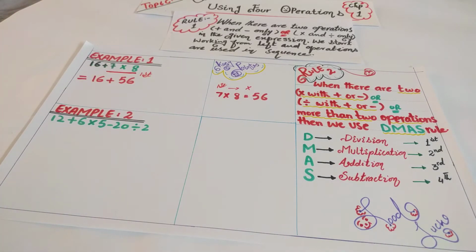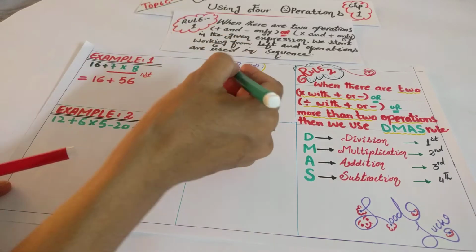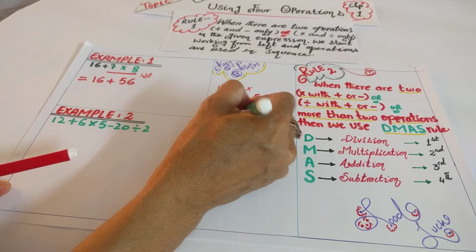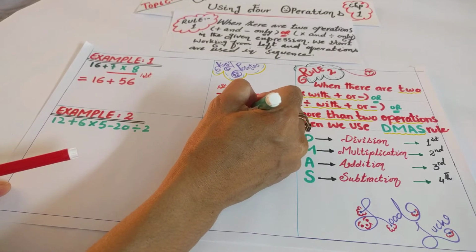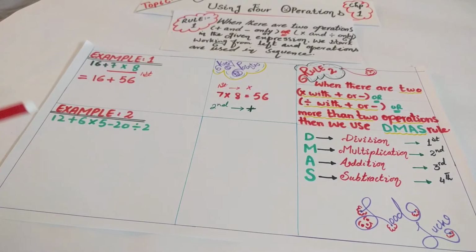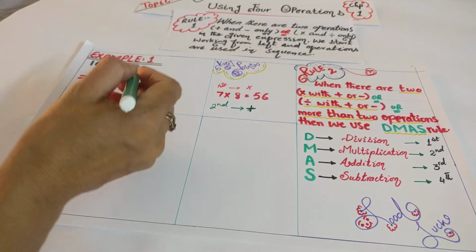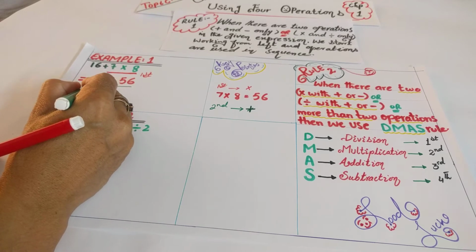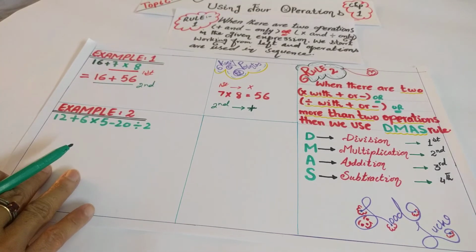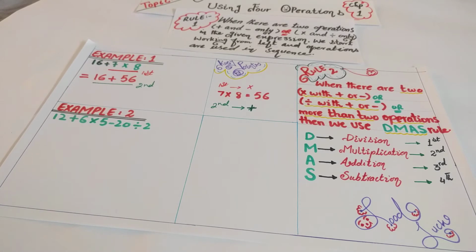So, in the second position, we will solve addition. Let's start. In addition, we have two numbers, 16 plus 56.